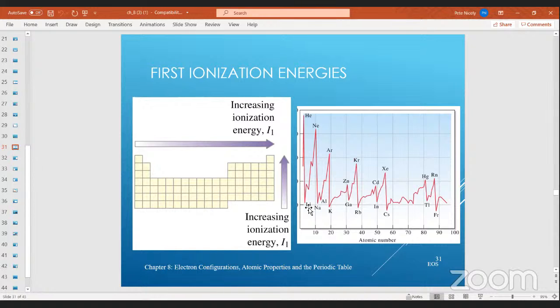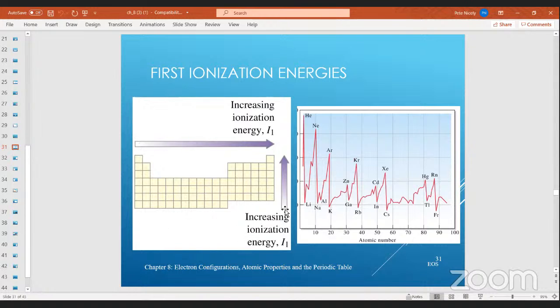We can understand that because as you go from left to right, the nuclear charge increases, and therefore it has a greater pull on the surrounding electrons, so it becomes more difficult to remove the electrons, and more energy is required.